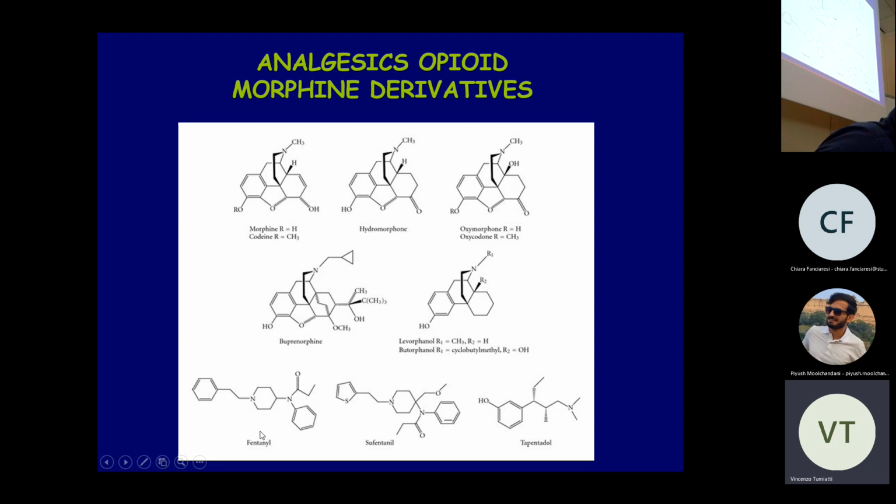Here you can see another simplified derivative called fentanyl, a 4-phenylpiperidine. And here the most simple derivative of this class is tapentadol, that together with methadone represents the most simple form of the morphine derivative.